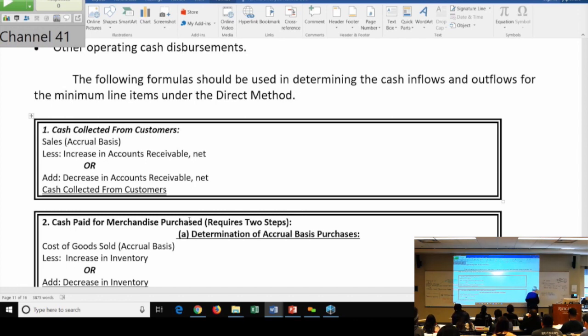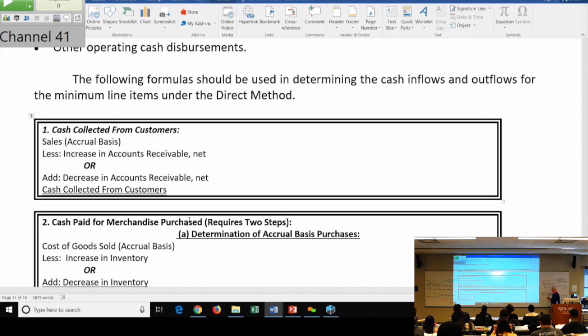So, for instance, let's make a journal entry. Let's just say you had cash of 100, and you had accounts receivable of 900, and you had sales of 1,000. And that's booked in your ledger.